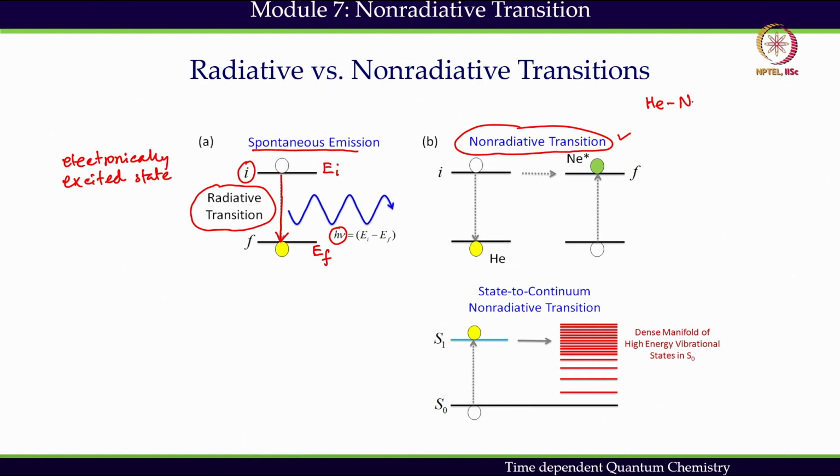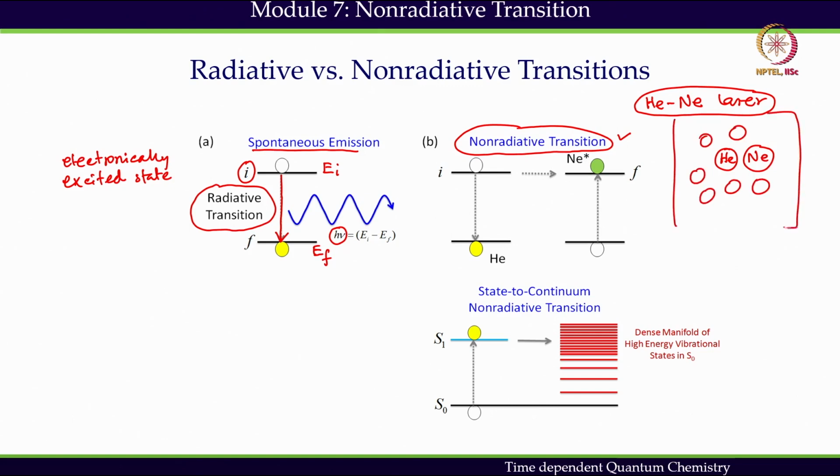We have the helium neon laser. In the helium neon laser, what happens? We have a mixture of helium and neon. We take a gaseous mixture of helium and neon, almost a 10:1 ratio.